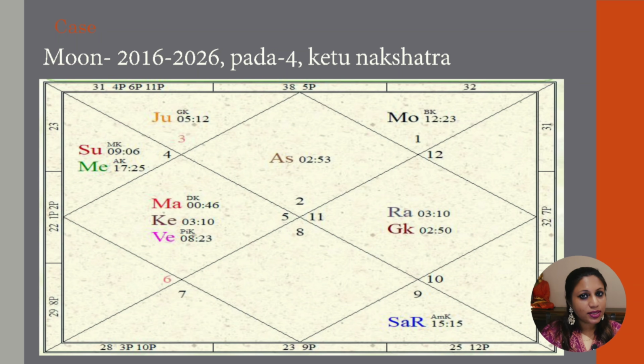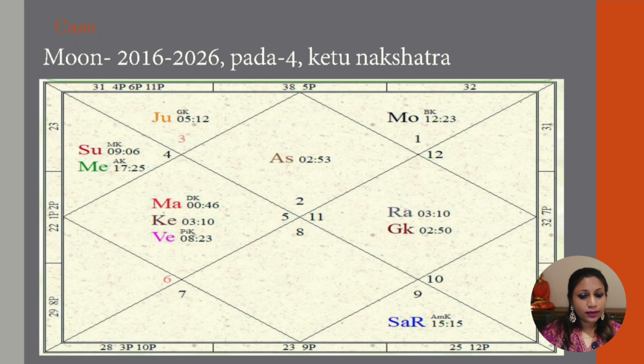Since Moon is placed in Ketu's Nakshatra, we will see what we can expect from Ketu. Ketu is placed in the 4th house with Mars. With Rahu and Ketu, whichever planet they are tightly conjunct with, they give results of that planet. In any case, there are 2 malefics placed in the 4th house, and Ketu is receiving the energy of Mars, and Mars is not a karak planet for this Lagan.